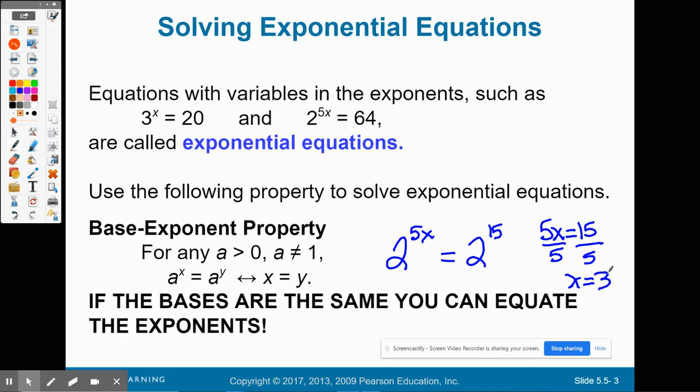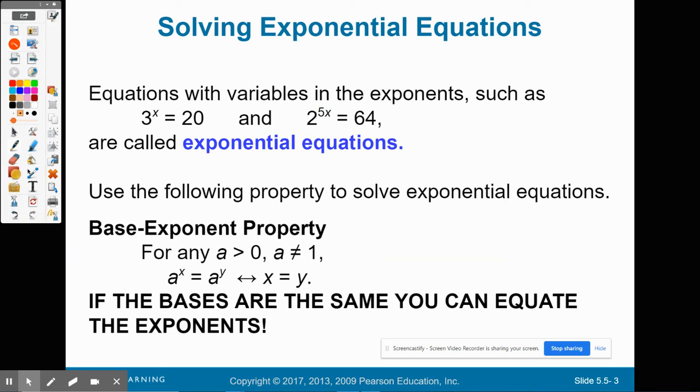But it won't always be that straightforward. For example, let's look at this. 2 to the 5x equals 64. Oh, I don't know how to get x by itself. But when you think for a minute, you might remember, and if you don't remember, that's going to be okay. If I take 2 and multiply by itself quite a few times, I can get to 64.